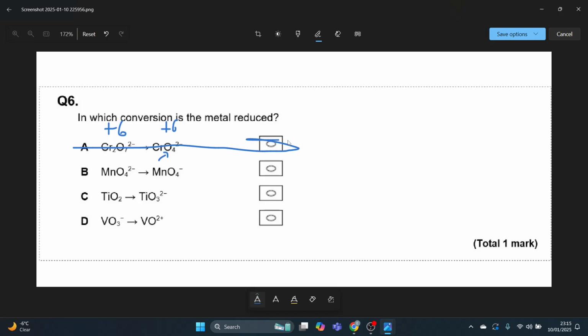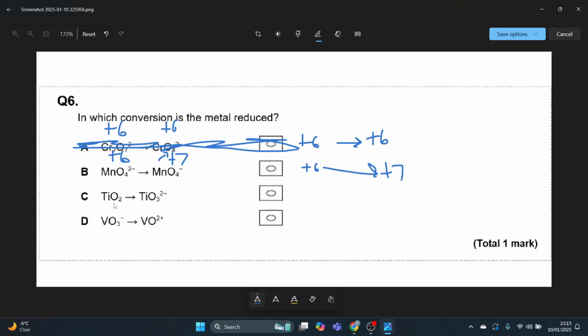That's not reduced. Oxidation state stays the same. +6 to +6. In this case, Mn, -2 times 4 is -8, plus +6 to get overall charge -2. In this case, MnO4, -2 times 4 is -8, that's +7. +6 to +7.